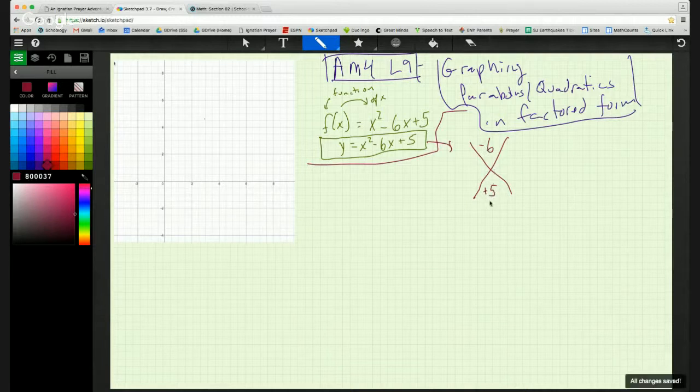We need two numbers that multiply to 5 and add to -6. So let's put our -5 and -1 here. Okay, so our answer, if we factor this, guys, we're going to get y equals x minus 5 and x minus 1.